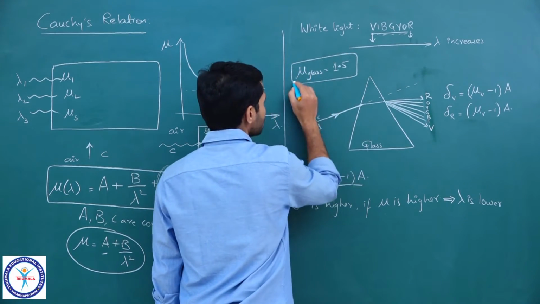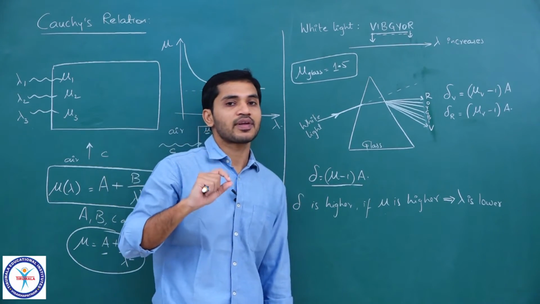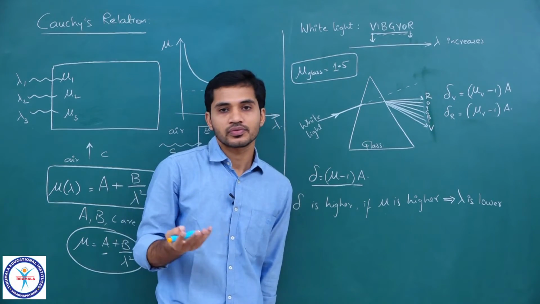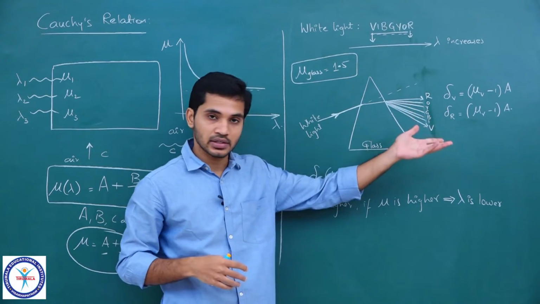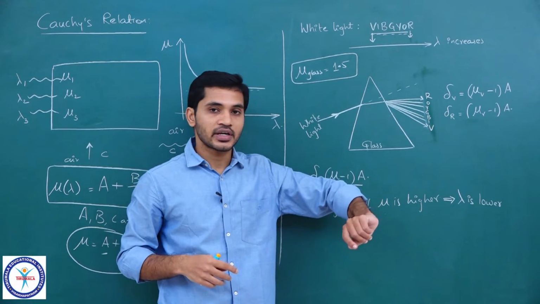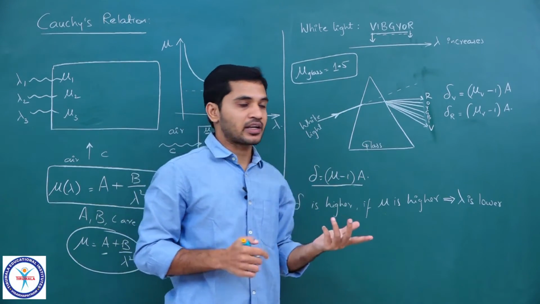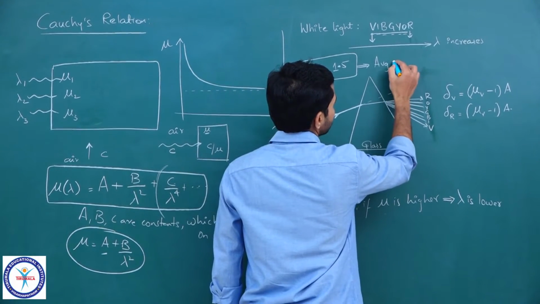So we have been using this result. So when I say the refractive index of glass is 1.5, whose refractive index is that? Is it the refractive index of violet? Is it the refractive index of red? No. So this represents the mean refractive index, mean in the sense average.